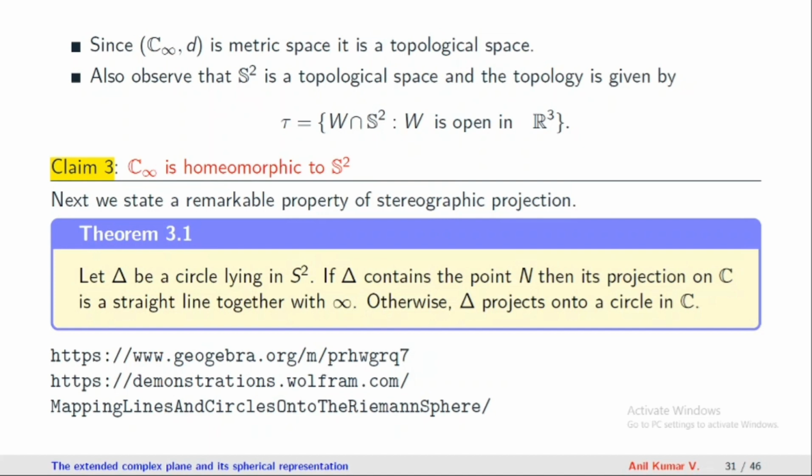That is, if we consider a circle delta in S2, and if that circle passes through the north pole, then its projection is a straight line together with infinity. And otherwise, the projection of a circle is another circle in C.